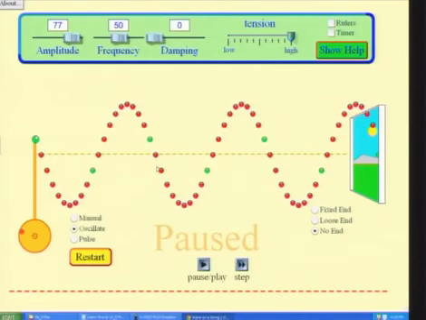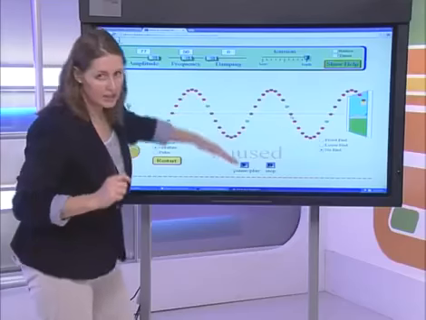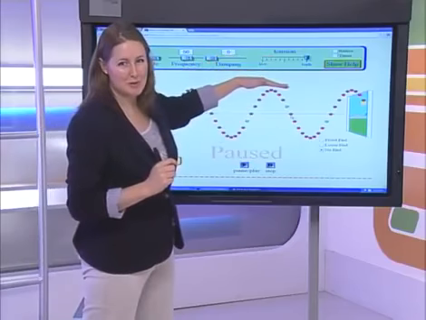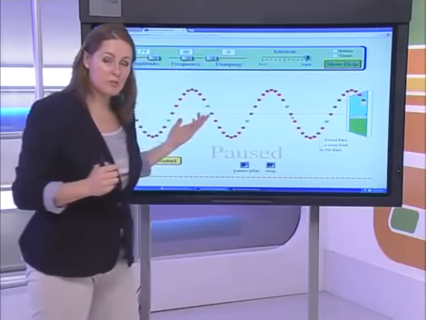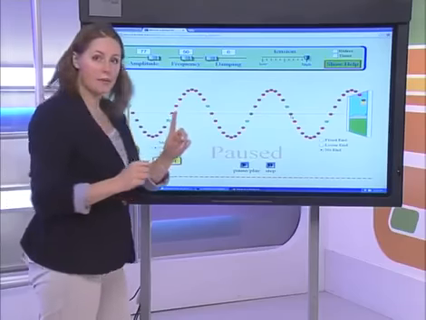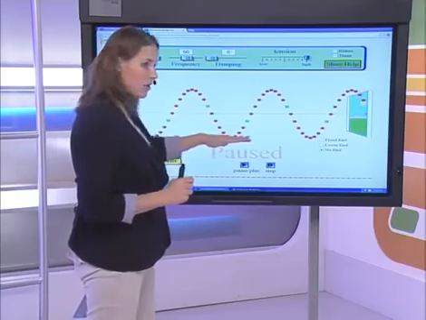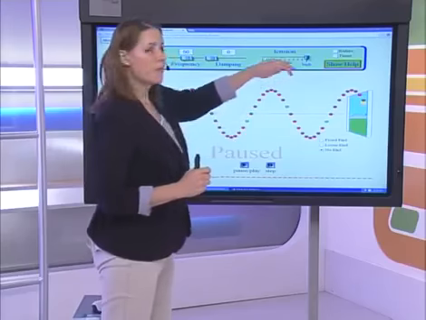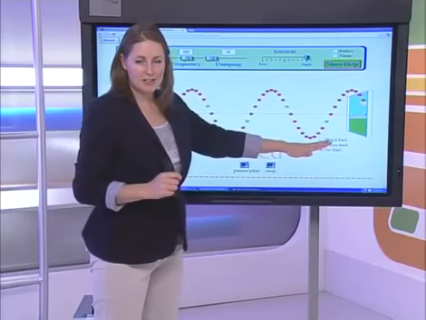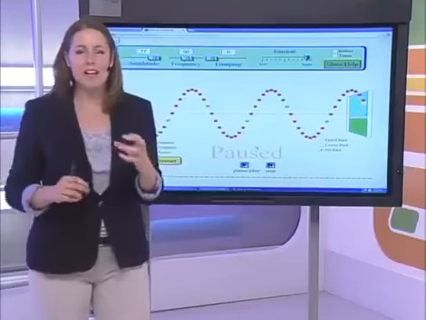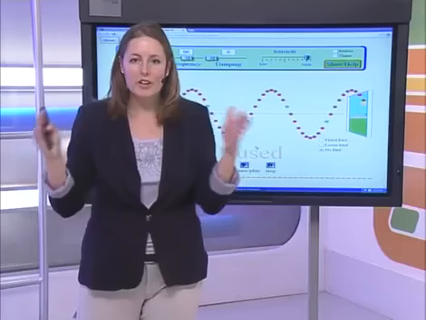Or I could say maybe my start point is from my highest point down the dip to my next highest point. That would also be one complete wave. Or another one, I could go from my lowest point up and down to my lowest point again. So it's simply the distance of one complete wave.